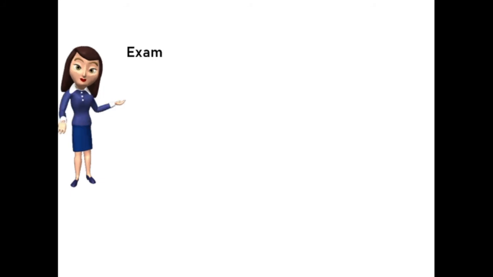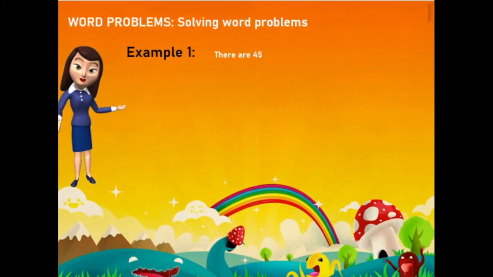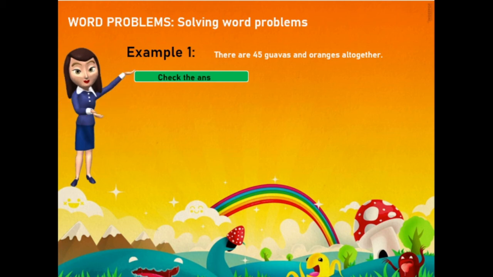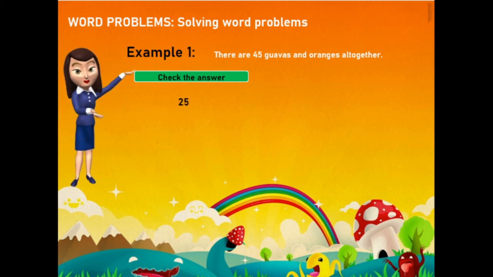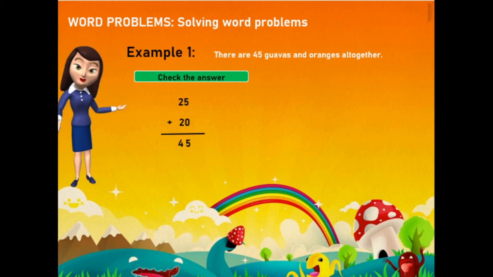Since we already have the answer, we can go to step 4. And step 4 is to check the answer. How to check the answer? Since we have the addition process, to check, we are going to use subtraction.